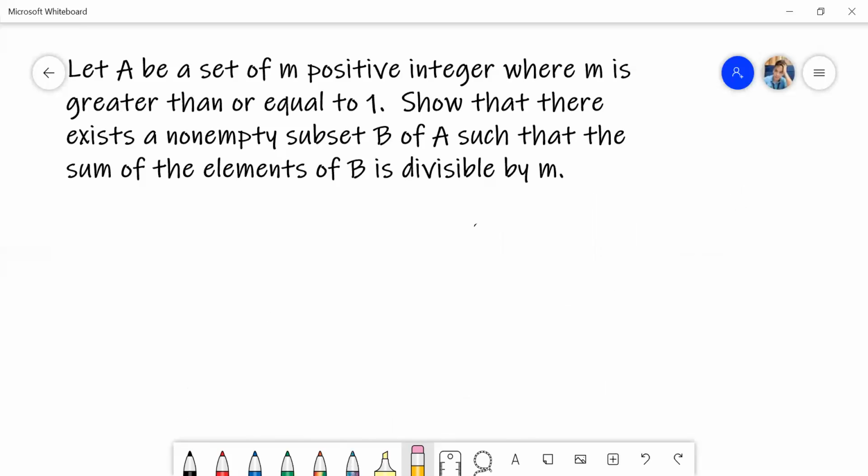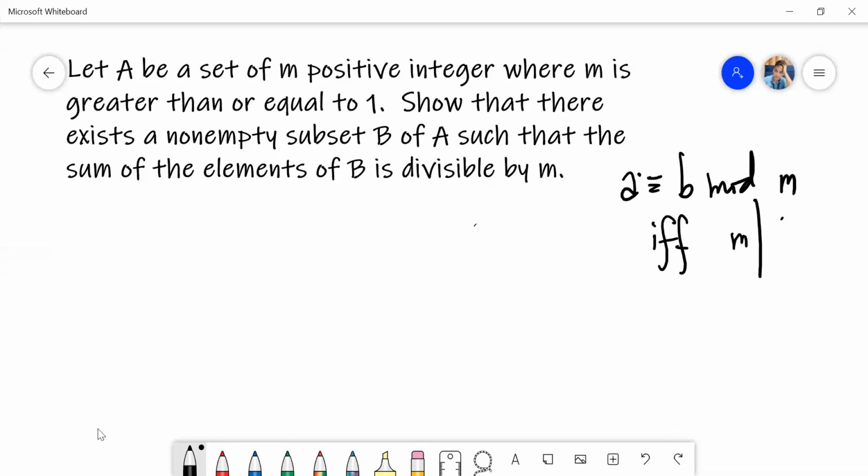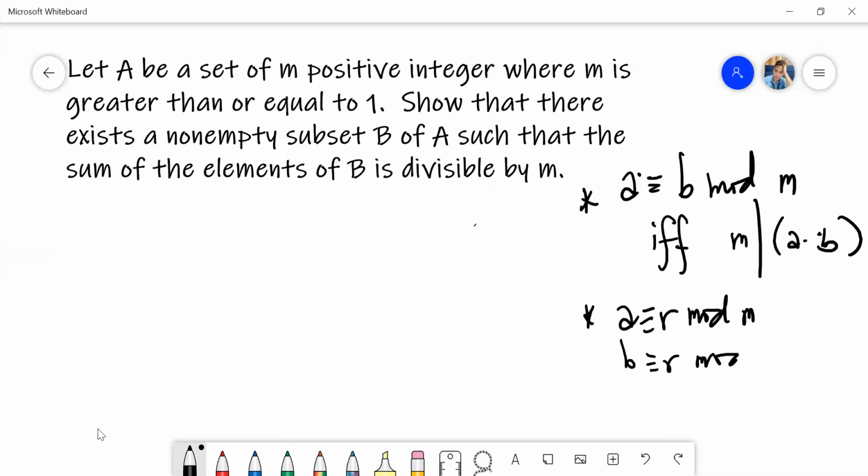By the way, since we are talking about the divisibility rule, recall that A congruent to B mod M if and only if M divides A minus B. Another thing to remember is that if A is congruent to R mod M and B is congruent to R mod M, then this implies that A is congruent to B mod M.